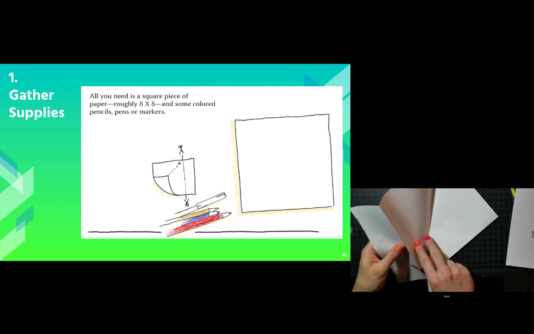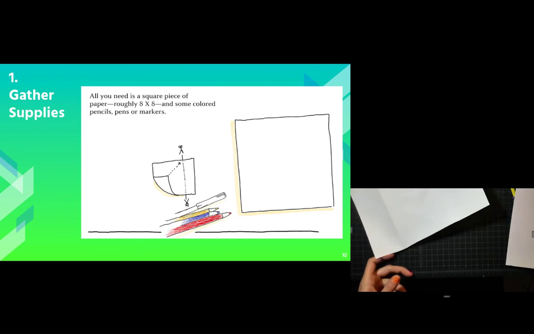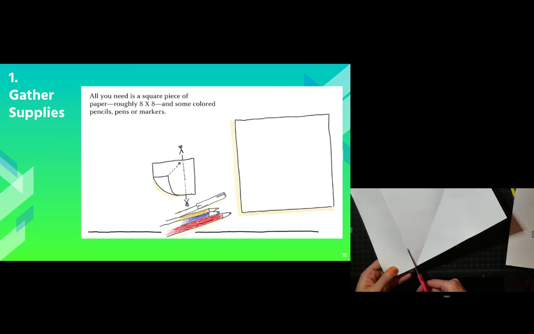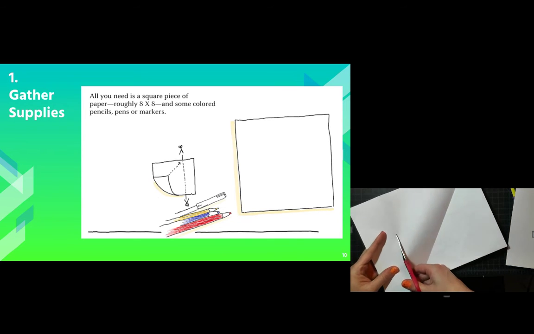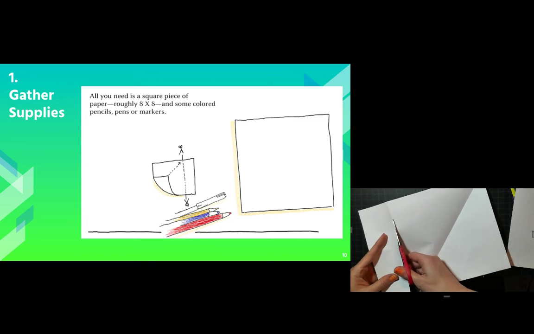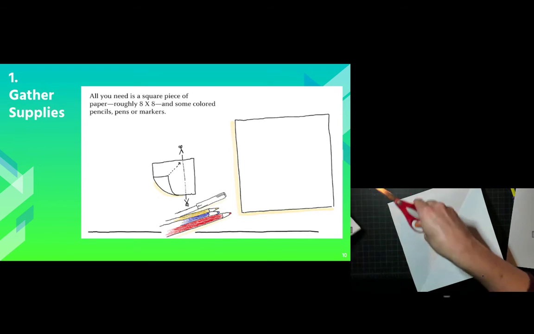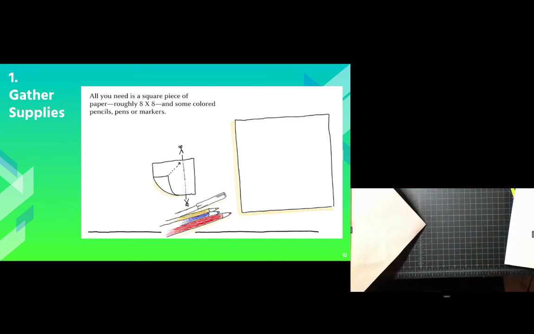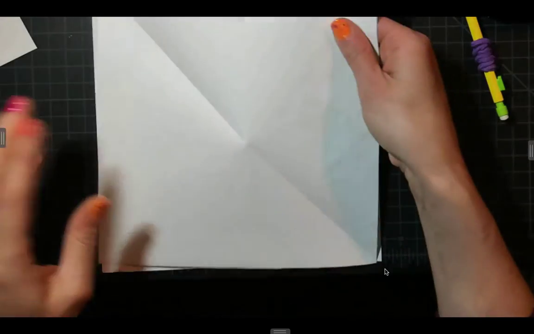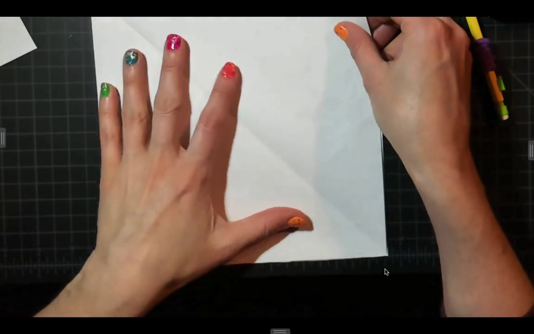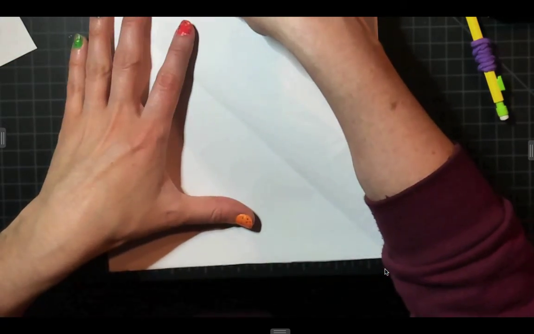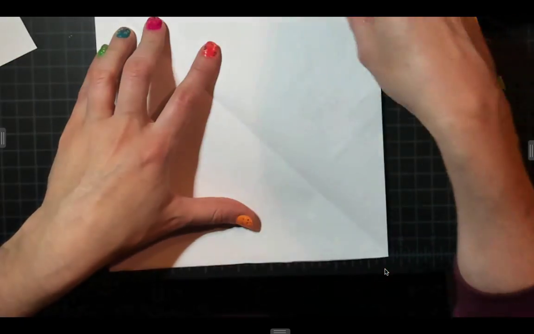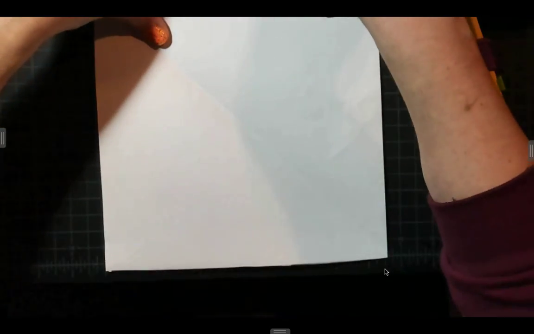And then I'm just going to cut this off, and then you can use this paper. The scissors aren't that good, but that's okay. You can also just take this and line it up on a new piece of paper, and either draw a line here or cut this, fold it back, whatever you want to do.